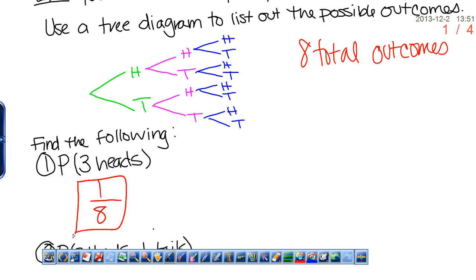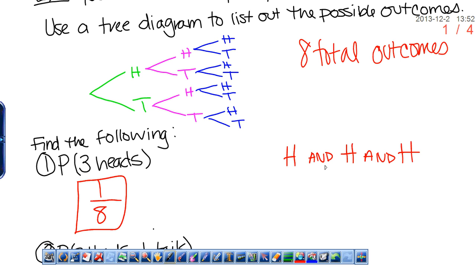Now let's talk about that numerically. To get 3 heads, that means I want a head on my first flip, a head on my second, a head on my third. Do I want one of these to happen or the other ones? No, I need all of these to happen. So I need heads on the first one, and heads on the second one, and heads on the third one.